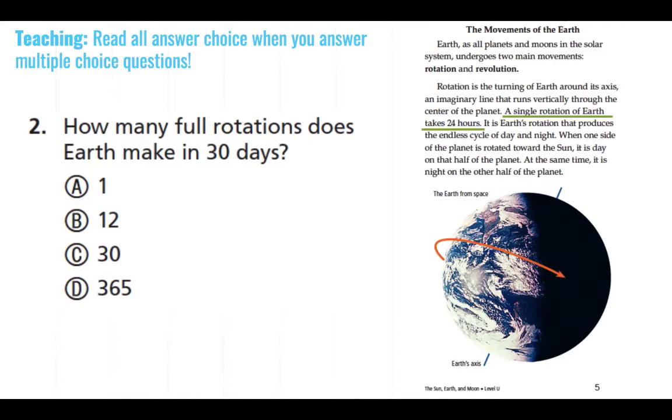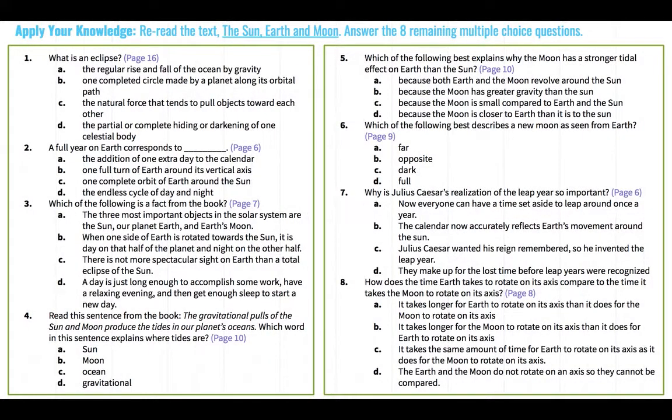So it takes one whole day for the Earth to make a single rotation. That means in 30 days, how many rotations would the Earth make? 1, 12, 30, or 365? 30!